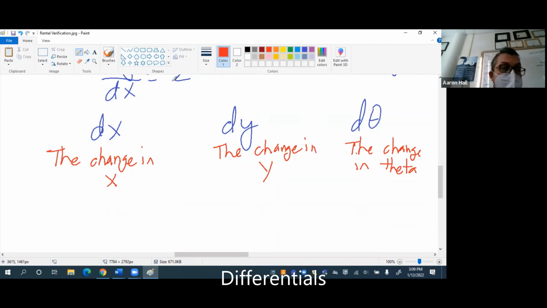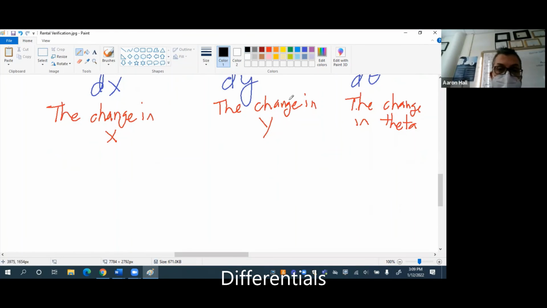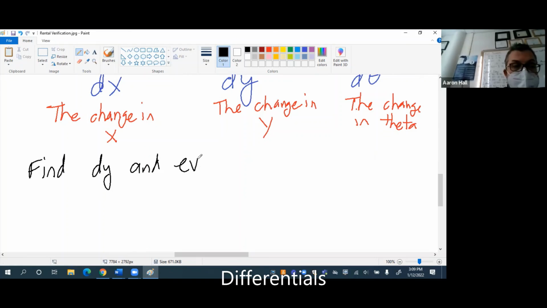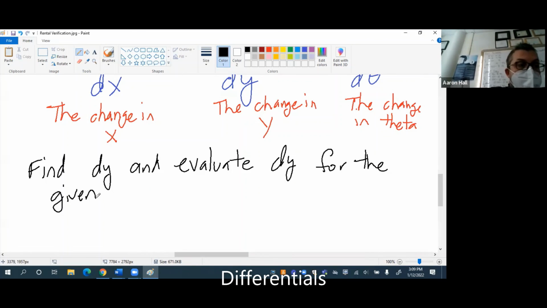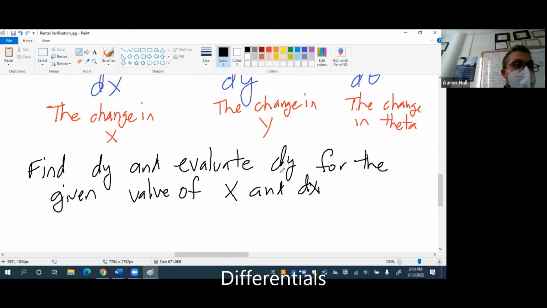So here's my example: find dy and evaluate dy for the given values of x and dx.